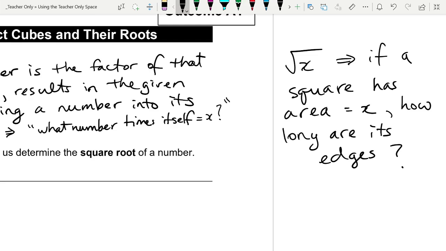So there's a geometry way to define square root. If you want to find the square root of 25, you just ask yourself, if I had a square that was 25 meters squared, how long are the edges? 5. There you go. That's a square root.